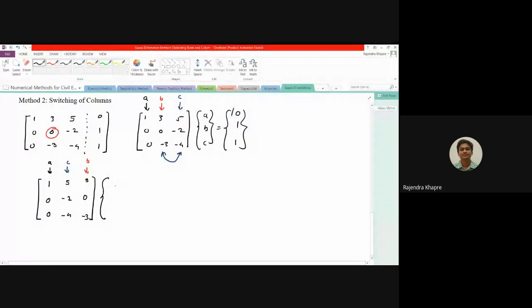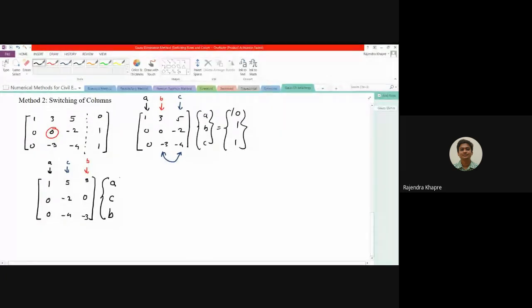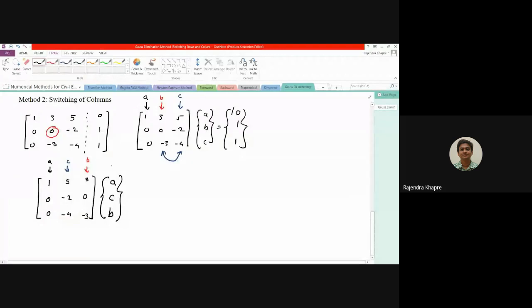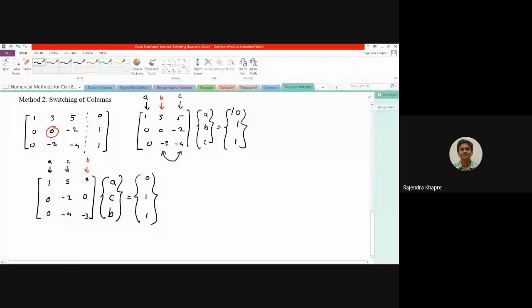Here it will be a, here it will be c, not b, and here it will be b. When we exchanged the rows, we did not do anything over here; it remained the same. But when we exchange the columns, this unknown vector also gets changed. The values on the right side are not going to change; they will remain exactly as they are. Have you understood this? Are there any queries?